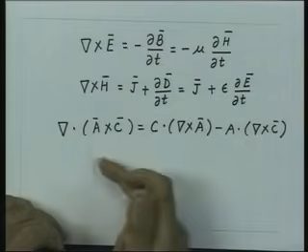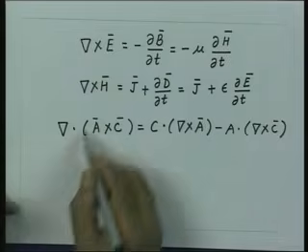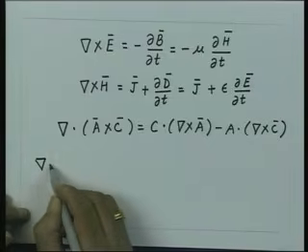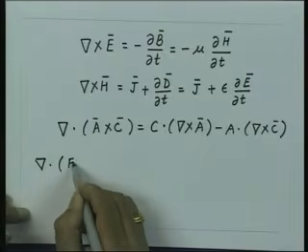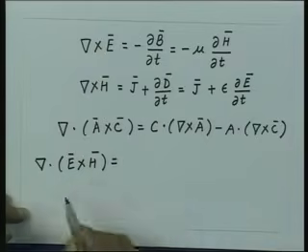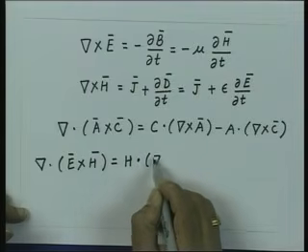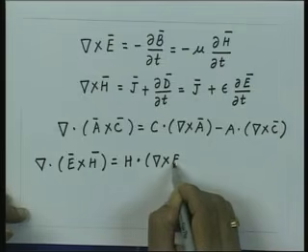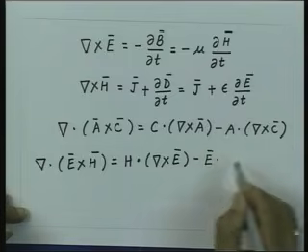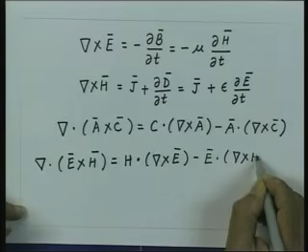Substituting A as E and C as H, the vector identity for these two vectors, the electric field and the magnetic field, can be written as del dot E cross H equal to H dot del cross E minus E dot del cross H.